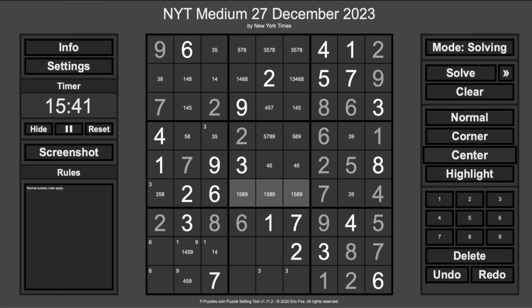So you're looking at 1, 5, 8, 9 out of that set. This is not 9. This is not 1. That, unfortunately, could be just about anything.